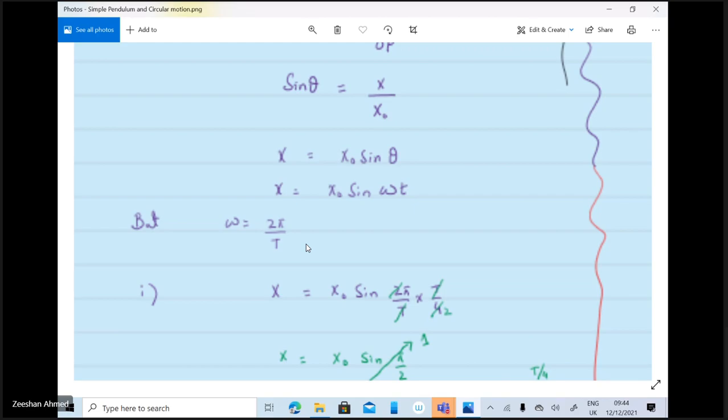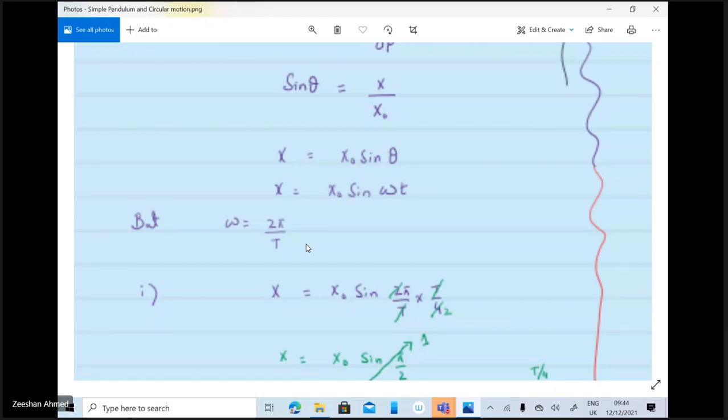Angular means in a circle, because we are taking two motions. One is simple harmonic, one is circular motion. So this is for circular, this is for bidirectional. Got it? So we just replace theta with omega t and your equation becomes x equals x naught sin omega t. Clear?